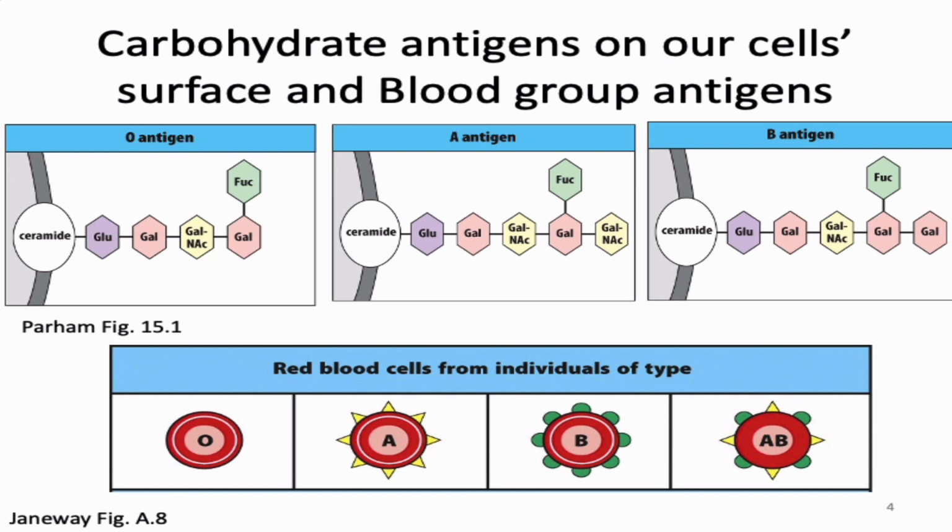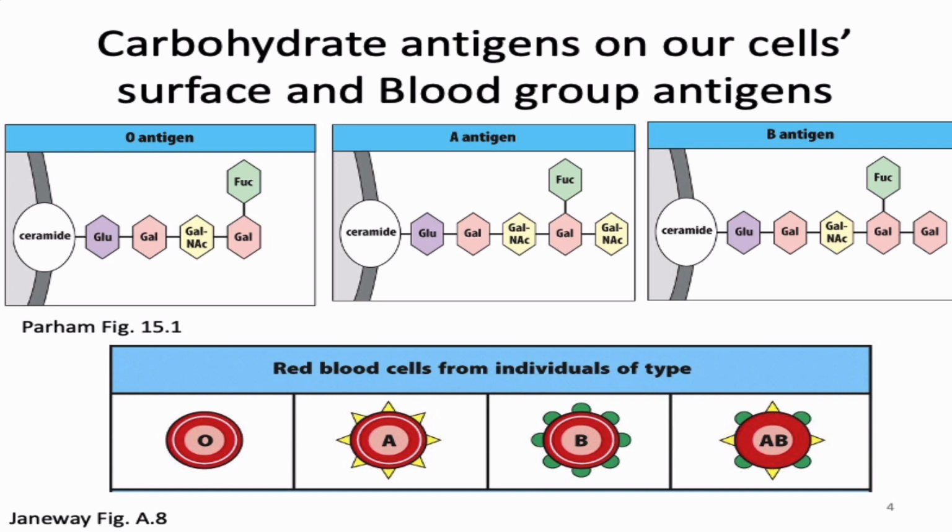If there's no terminal sugar, it's called O. If there's this kind of terminal sugar, a GalNAc, we call it A. If there's a galactose, we call it B. That's the difference between A, B, and O blood groups. And so really, you can think about the blood cells in individuals with these different blood types, as shown here, in terms of antigens.